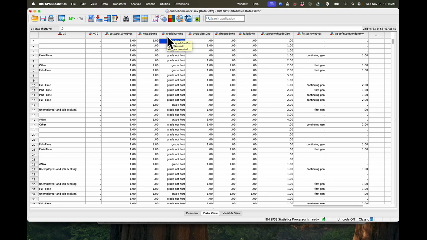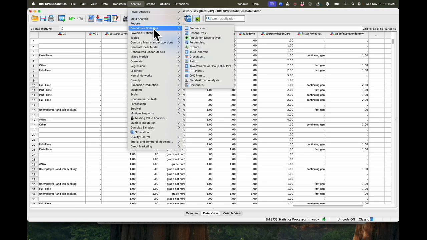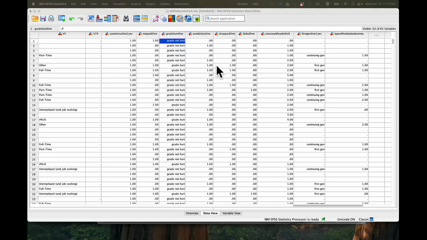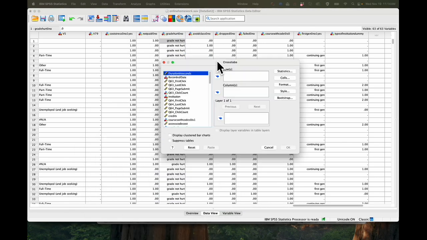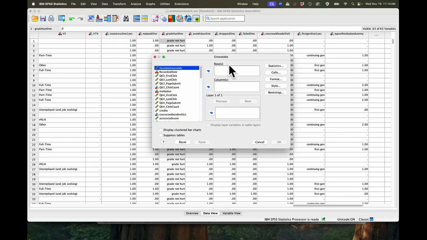their homework system. What we'll do to conduct this chi-square test is we will go to Analyze, Descriptive Statistics, Crosstabs, and then when Crosstabs pops up, we're going to put our variables, one in the row and one in the column.